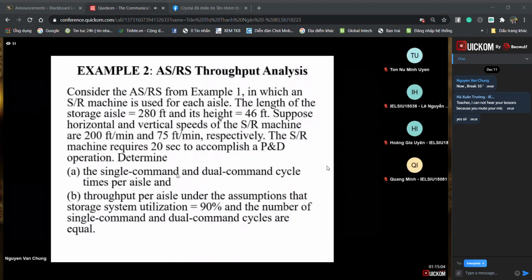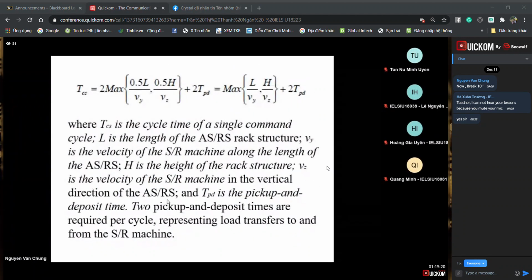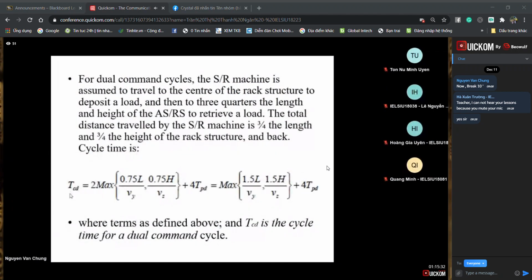If you focus, you can see the previous slides on the cycle time.